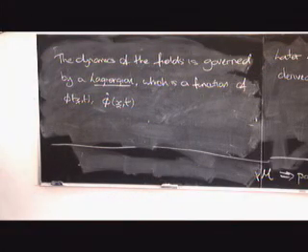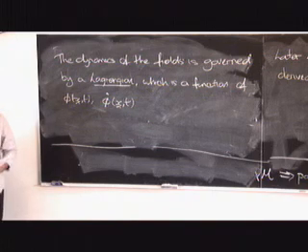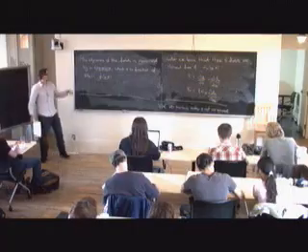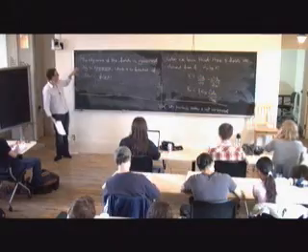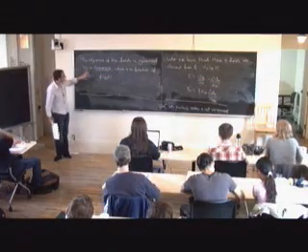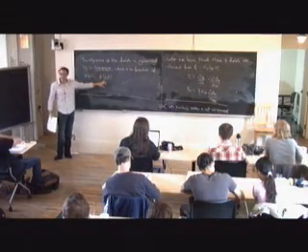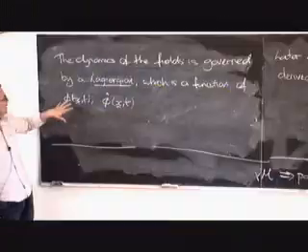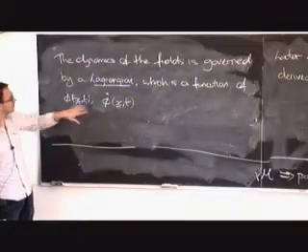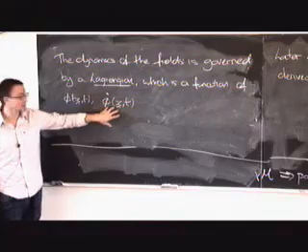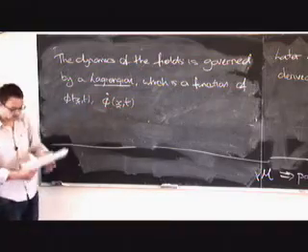So if you think back to standard particle mechanics, the Lagrangian is typically a function of the positions of the particles and their velocities. So the analog here is the value of the field and the time derivative of the field, but now the field is also a function of space.